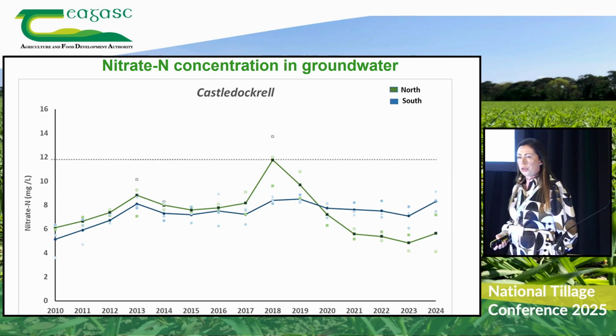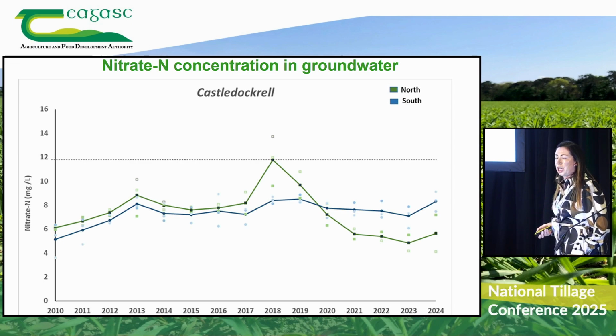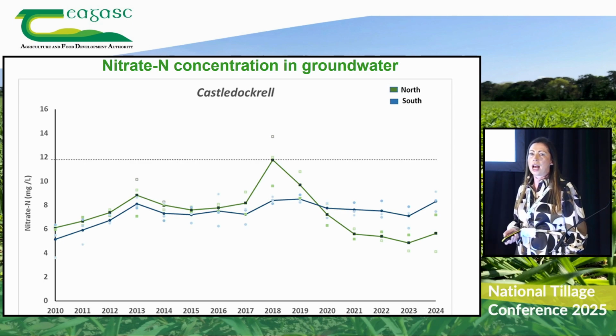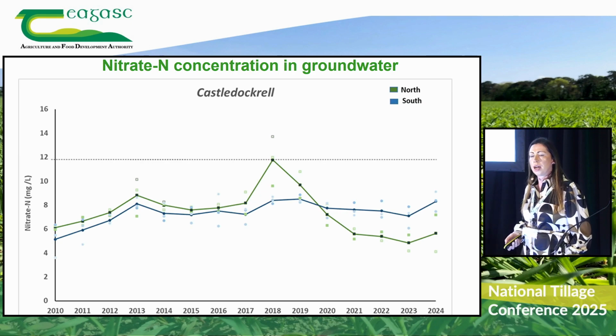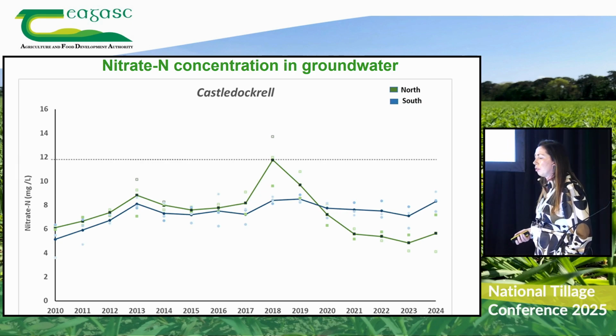So the land use in those two transects: in our south well, this is in a rotation of spring barley and winter barley, with the spring barley followed by a cover crop and the winter barley areas left fallow over the drainage period.